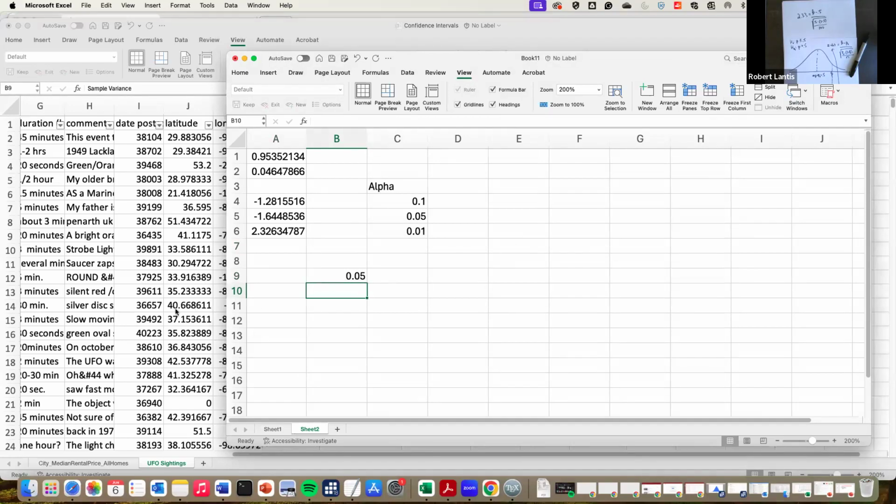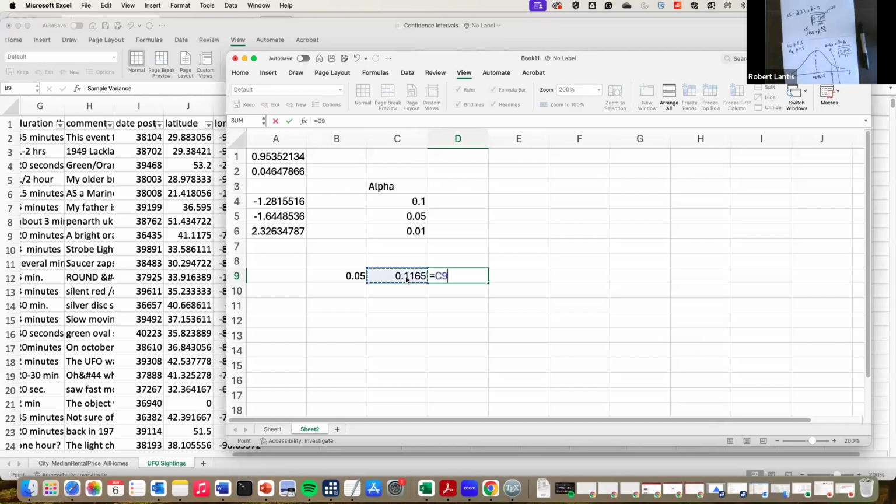I'm then going to multiply both sides by 0.05. So 0.05 multiplied by 2.33, I get 0.1165. So 0.1165 is equal to that sample proportion minus 0.5. I'm then going to add 0.5 to both sides. So add 0.5 to this value, and I get 0.6165.